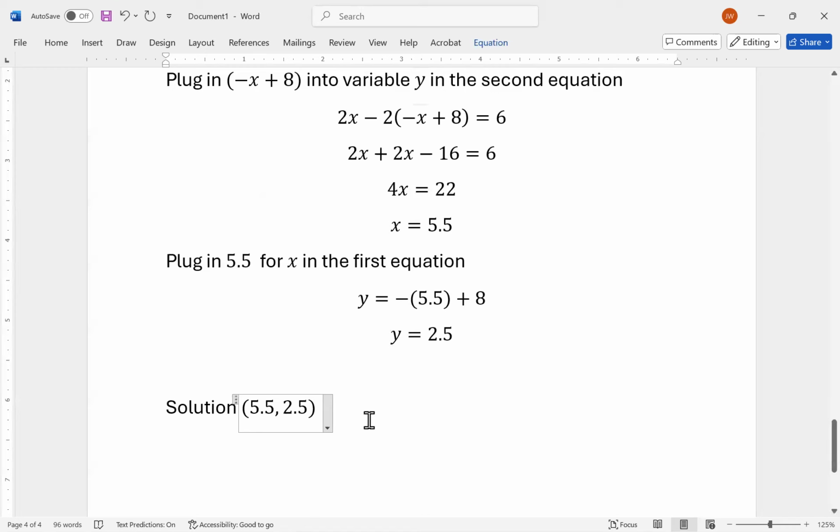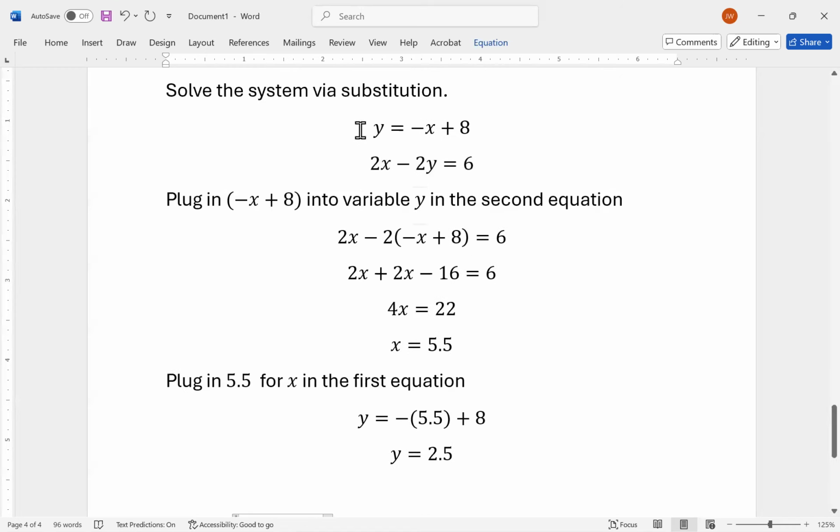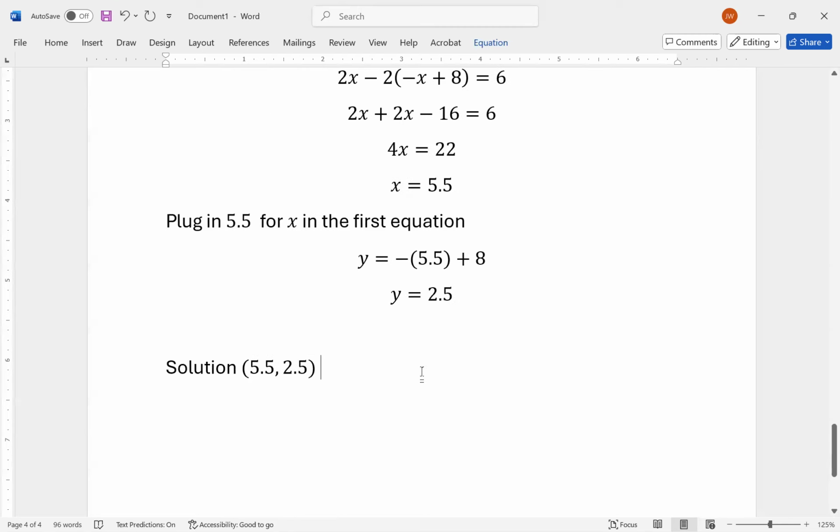And if you want to check that solution, you can always plug it back into both equations. So 2 times 5.5 minus 2 times 2.5 should give me a 6. And then negative 5.5 plus 8 should give me a 2.5. So that's the solution to this system of linear equations.